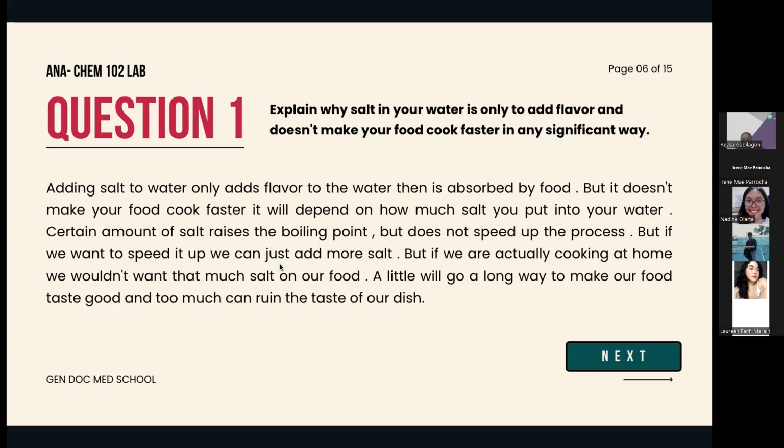A certain amount of salt raises the boiling point, but does not speed up the process. If we want to speed it up, we can just add more salt. But if we are actually cooking at home, we wouldn't want that much salt on our food. A little goes a long way to make our food taste good, and too much can ruin the taste of our dish. So next reporter, please.